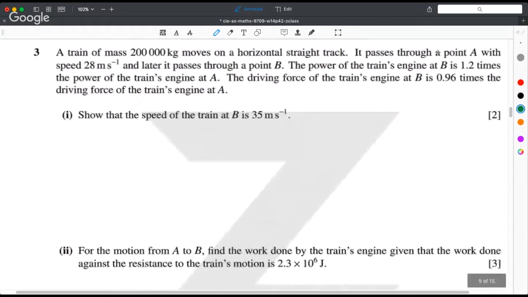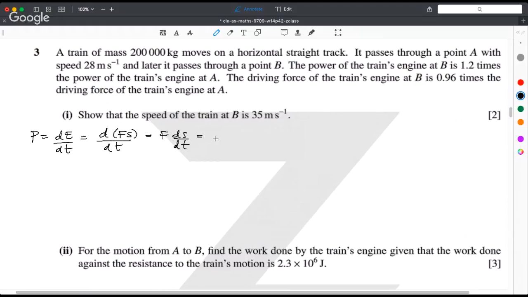Okay, question 3, a power question. And so these all tend to rely on you being able to do this. That you know that power is energy over time. So I'm going to use differentials here because it is a little easier. And the energy, which is the work done, is force times distance. And if we take the force out because it's constant, we get F ds/dt.